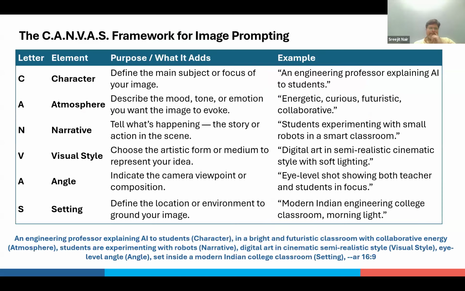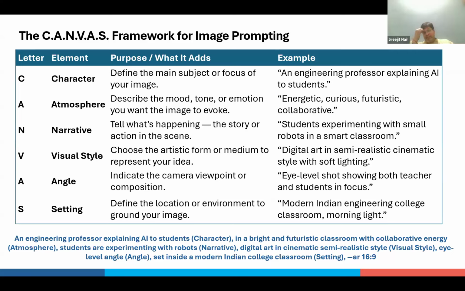So then, writing a good prompt. There I shared a ROCT model where, apart from role, what is the objective, what is the context, and what is the task. Here, the framework I'll share is called Canvas. If you want to generate an image, what you can specifically do is define the character: the main subject or focus of your image.